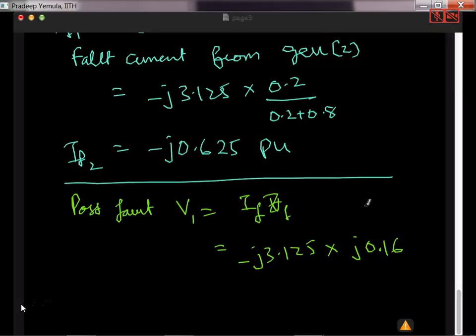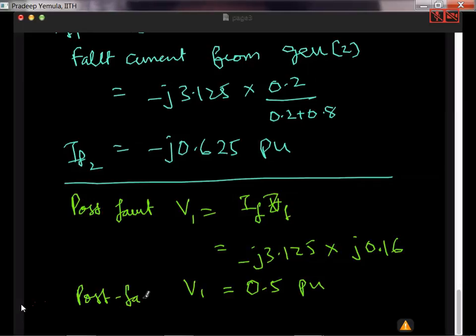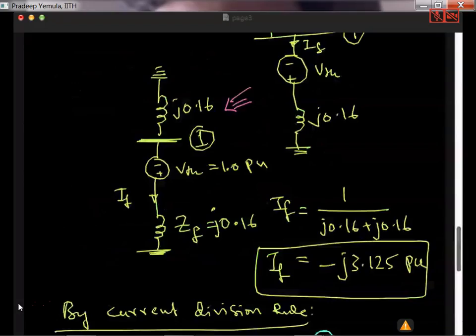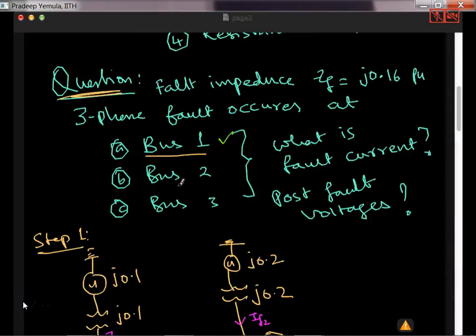So if I multiply these two, 3.125 into 0.16, that will be 0.5 per unit. That is post fault V1. So immediately after the fault, the voltage is falling to 0.5 per unit. Now what about the voltage when there is a fault at bus 2, what happens?